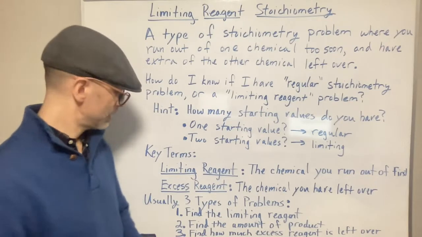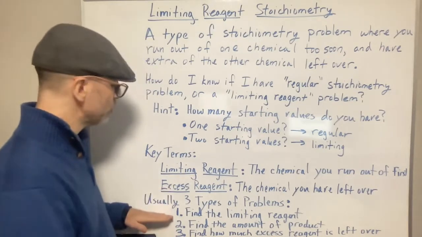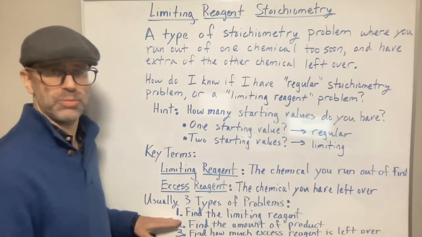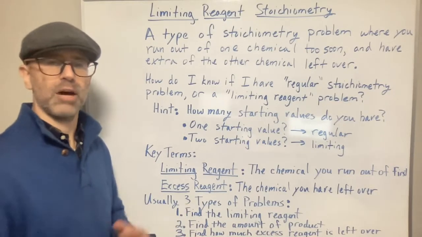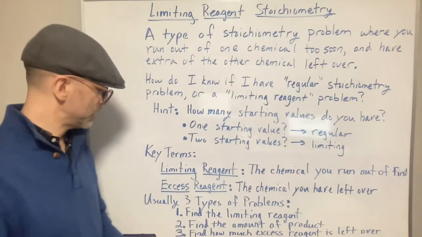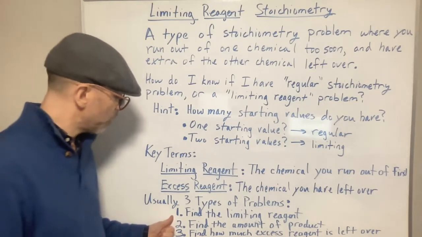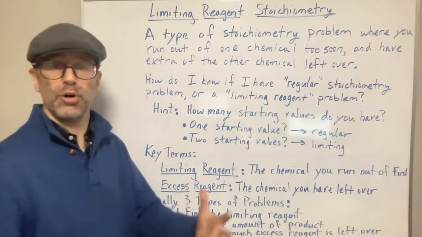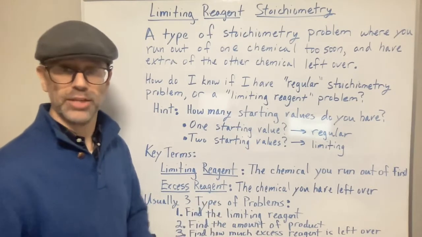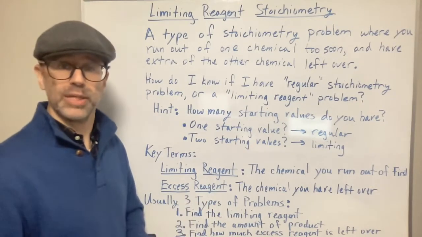And when you're talking about the types of problems that you can run into with a limiting reagent problem, they come in three main categories. One, the problem could be asking you to find the limiting reagent. So they give you a problem and say, okay, what's the limiting reagent? And then you've got to figure out which one it is.